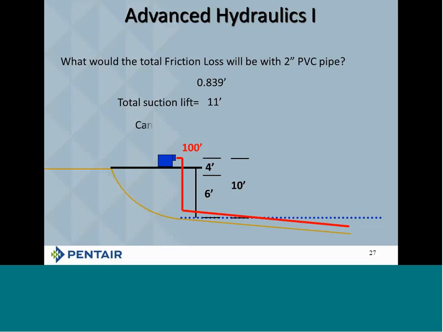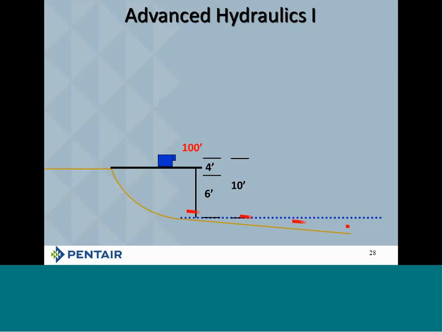Well, let's take a look and see. And so now what we want to do is move to 2.5 inch pipe. So if we put in 2.5 inch pipe, what is the friction loss per 100 in 2.5 inch PVC?